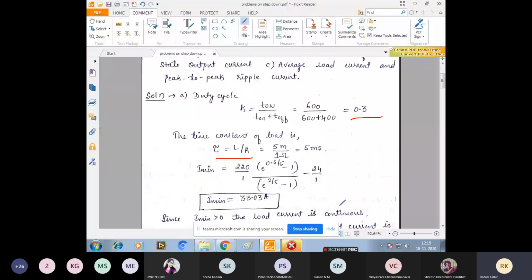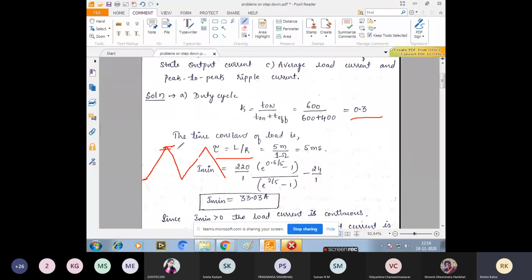Whenever the I minimum value is greater than 0, that means we have a positive current flowing in the circuit. Then we assume that the load current is continuous. I am defining this by your waveforms. Hope you remember this waveform of a step down chopper with this as the maximum limit, this is the minimum limit, this is capital I1, this is capital I2.